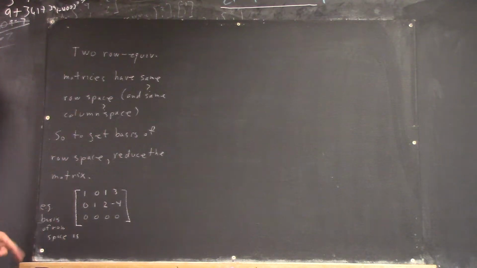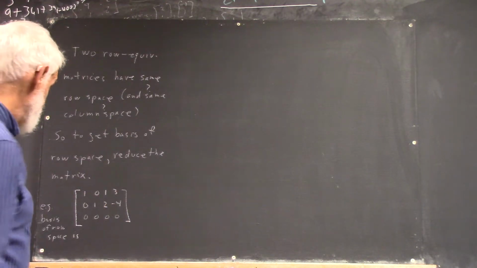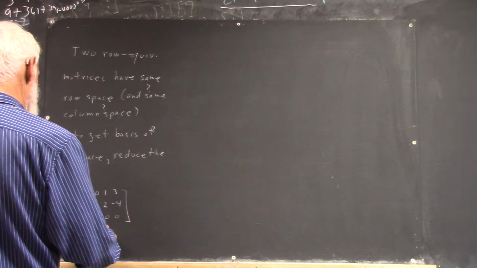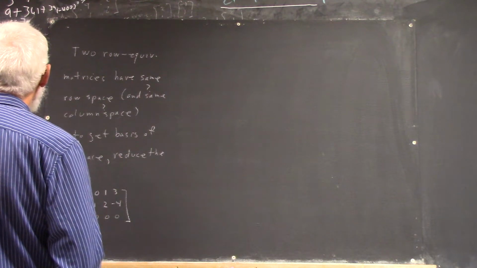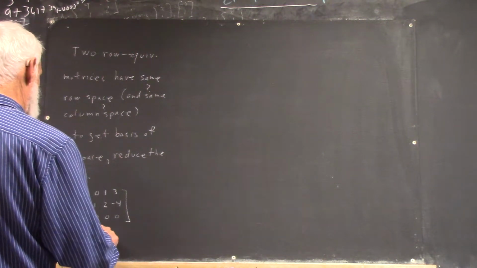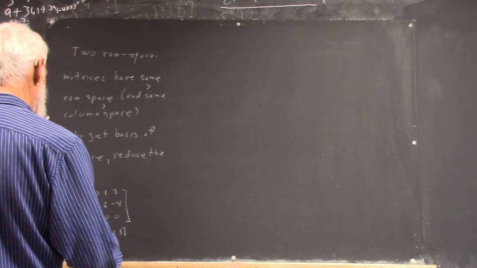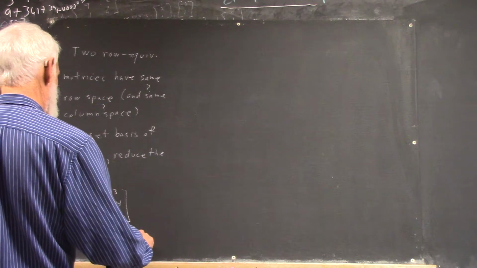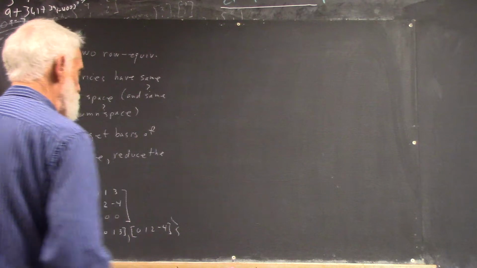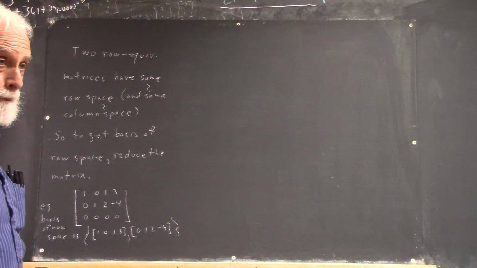What's the basis of the row space here? Well, clearly it's this row and this row. I'll write these as row vectors. Okay? Because these are clearly linearly independent.